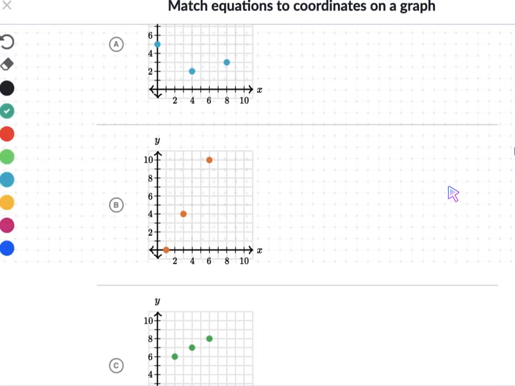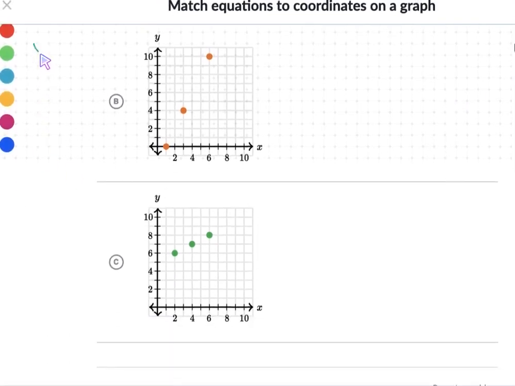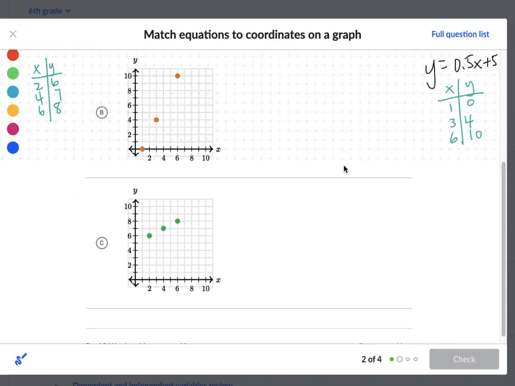Okay, and then my last one here, I have (2, 6), (4, 7), and (6, 8). Okay, so I just made tables for them.